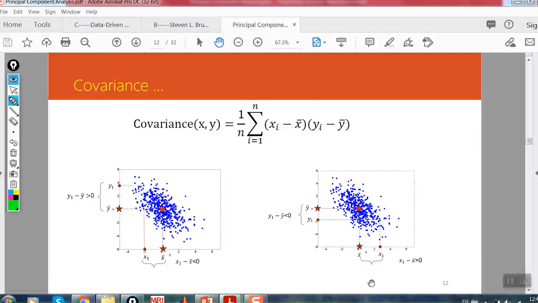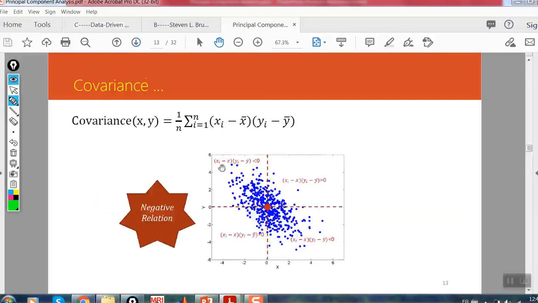We calculate the distance of each data, and then again, if we divide the whole area of data into 4 regions, you can see the data with this distribution, with this direction, has the negative covariance.